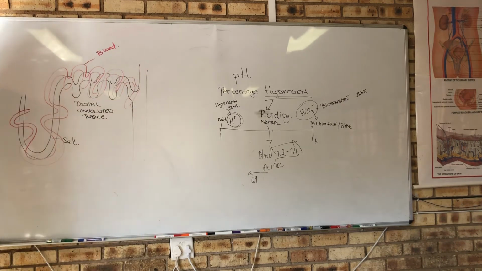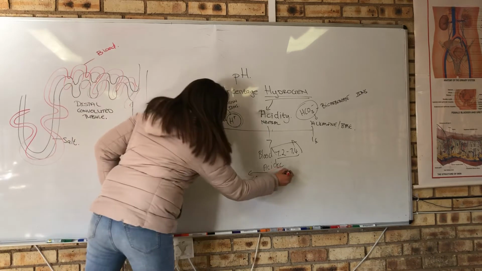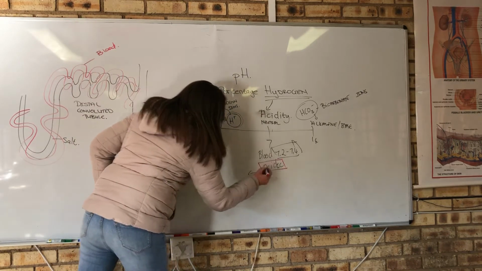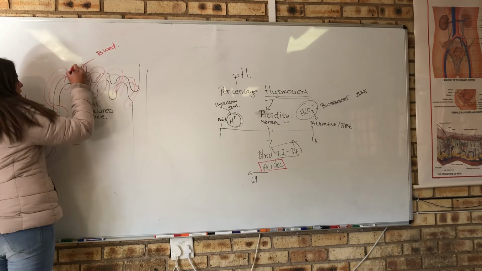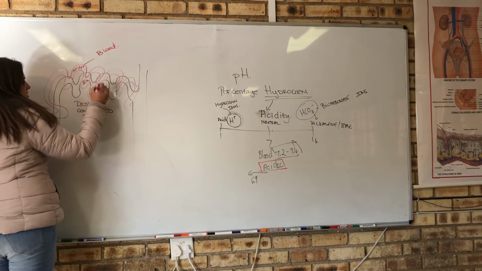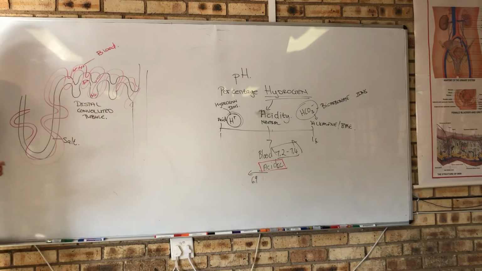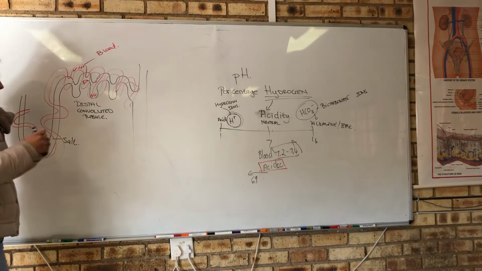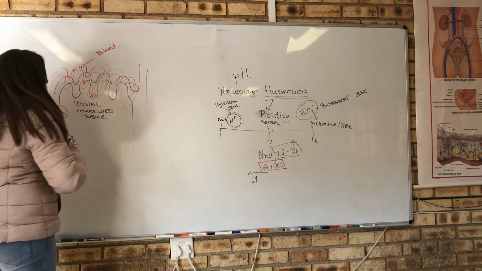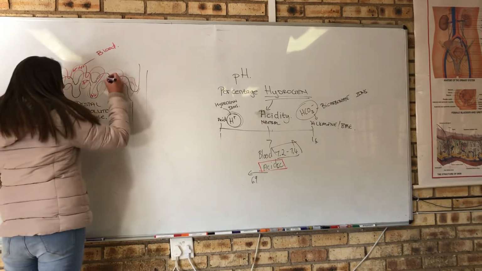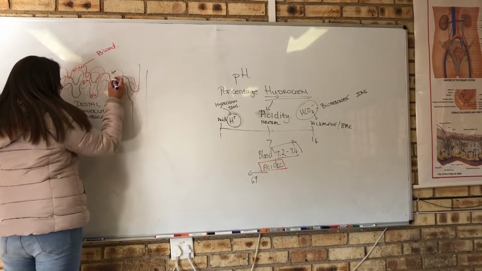If the blood is too acidic, that's what we're talking about, we've shifted the pH so that we have a lot of hydrogen ions in here. It's very, very acidic. What we want to do is excrete the hydrogen. In other words, we want to force the hydrogen out of the blood. So let's say we have H plus over here.